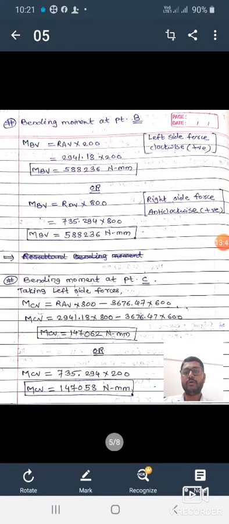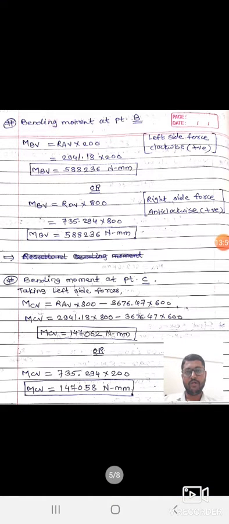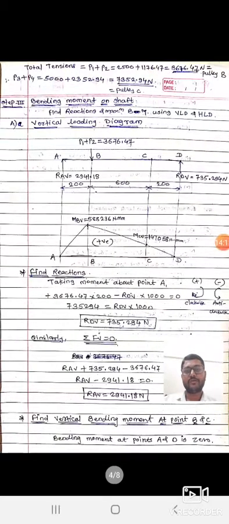So MBV equals RAV into 200, where we have already calculated the value of RAV. From this we get MBV, the vertical bending moment at point B, equal to 588236 Newton meter.